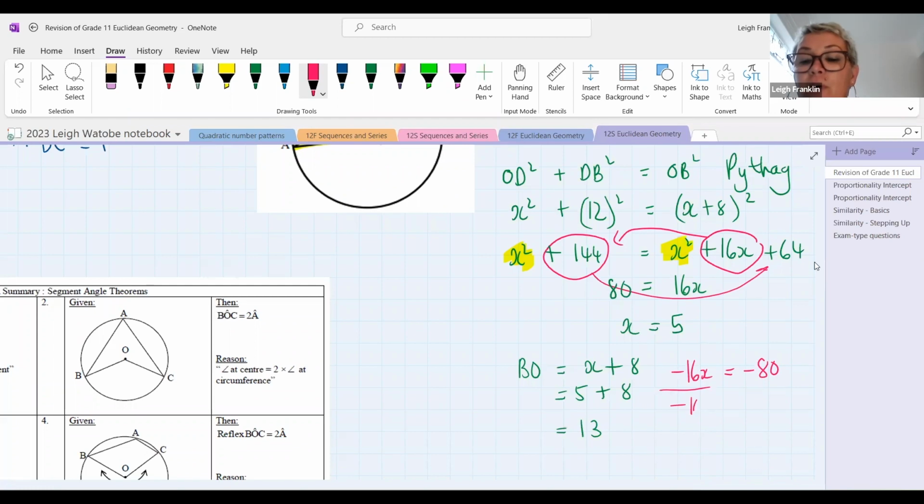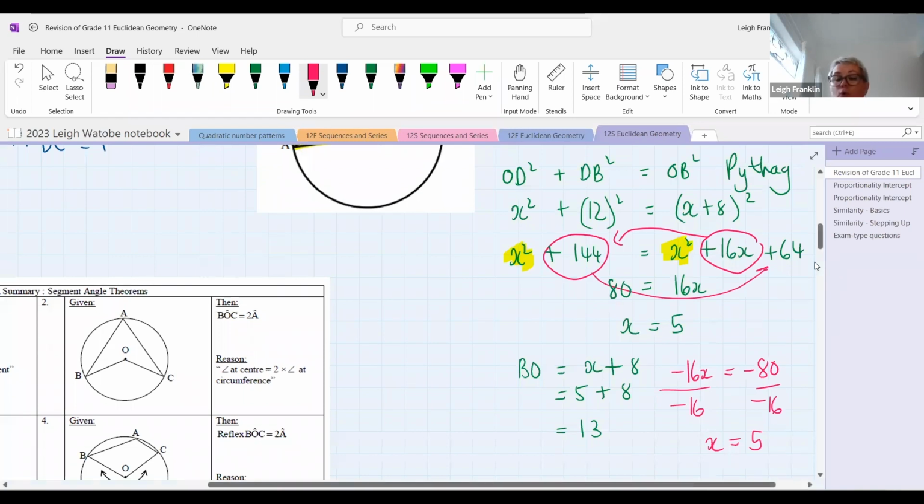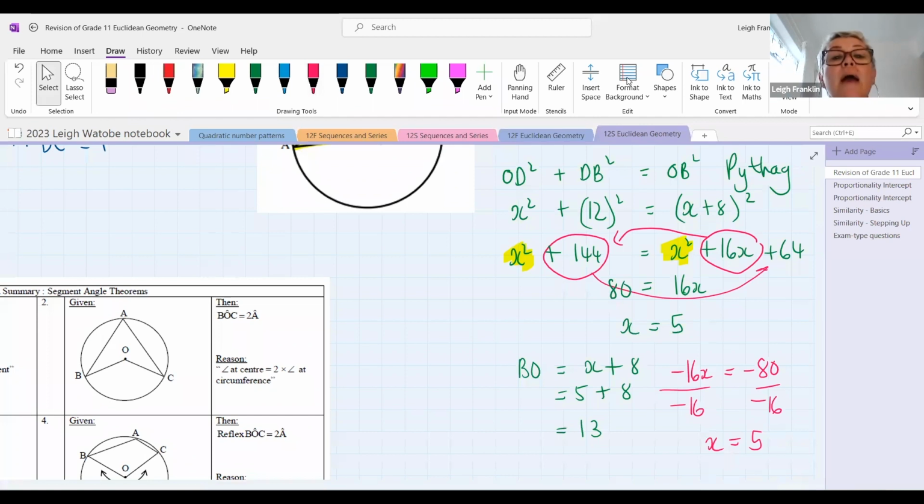Then if I divide both sides by negative 16, I end up with the same answer. So it doesn't matter which side you collect your x's or your numbers on. If you are solving a linear equation, x terms one side, number terms the other side. Okay. Thank you, ma'am. No problem.